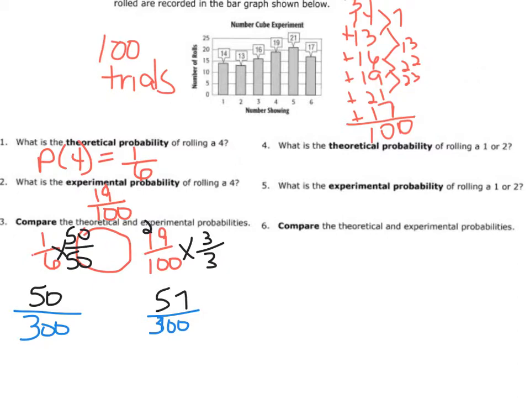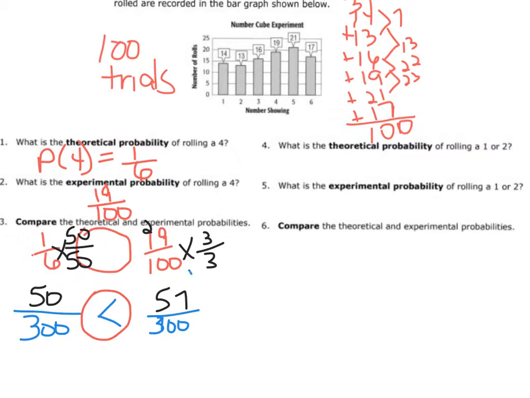Okay, now that we have a common denominator, we can compare. Is 50 over 300 greater than, less than, or equal to 57 over 300? It's less than. So that means that theoretical probability is less than experimental probability.